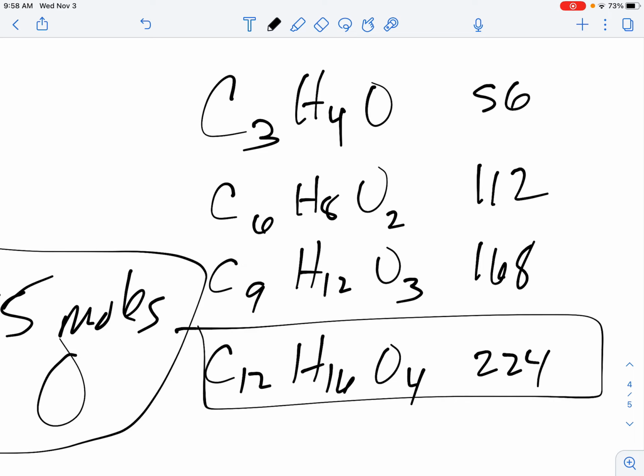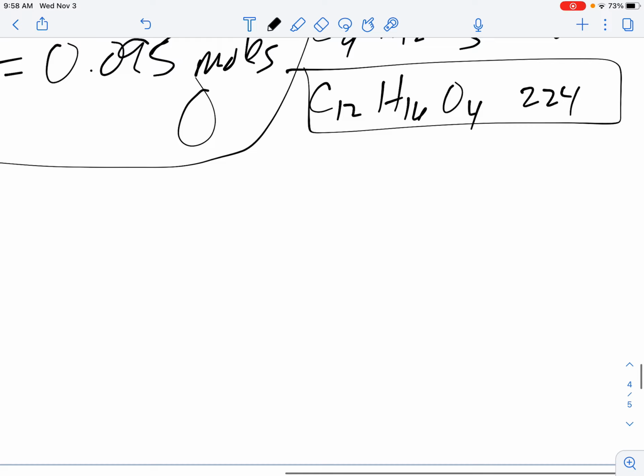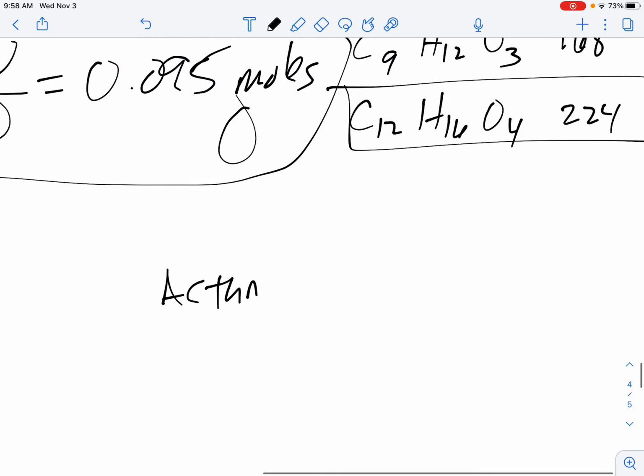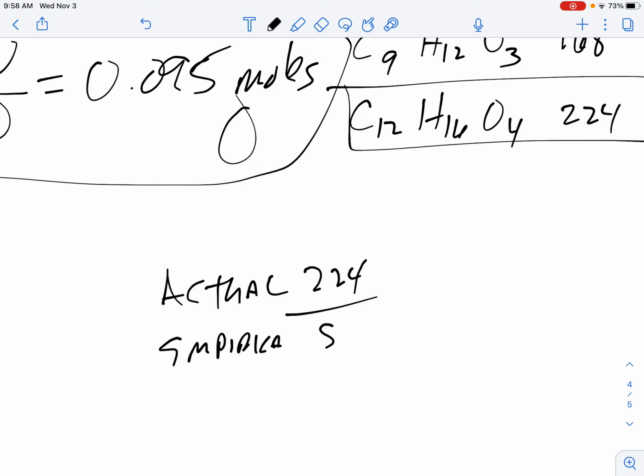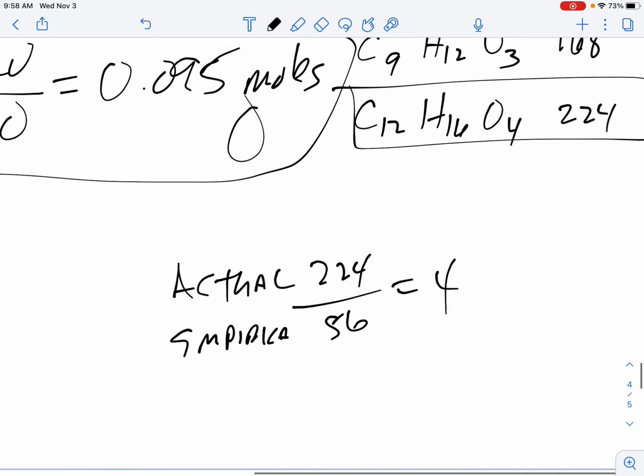So that's kind of the long way about doing it: you can start with the first one and work your way up until you hit it. Usually it doesn't take that long. But if you want to go straight to the source, the easier way is to take what they gave you, which is the actual, 224, divide it by the empirical, which was 56, and that gets you a ratio of 4. So it's telling you that it's the 4th multiple of the empirical.